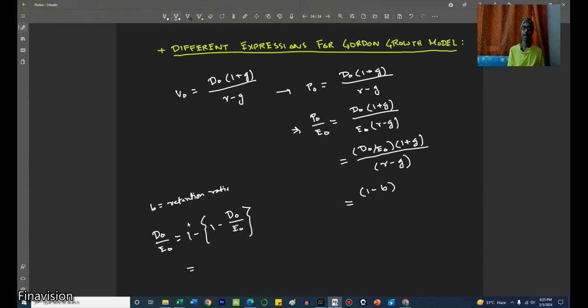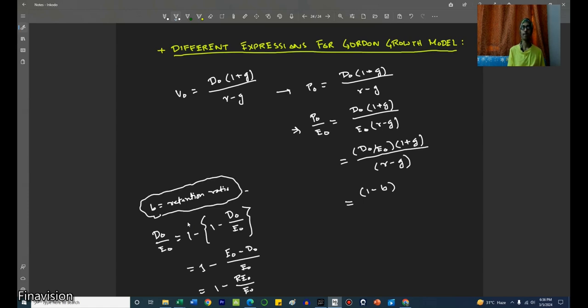This we can write as 1 minus E0 minus D0 by E0, right? This is equal to 1 minus retained earnings at time 0 by E0. This is nothing but the retention ratio, which we are denoting as B.